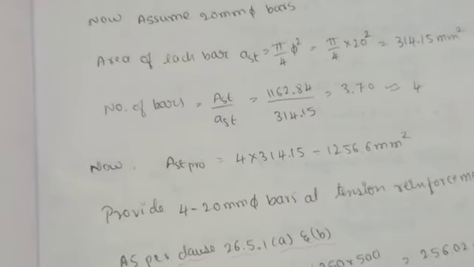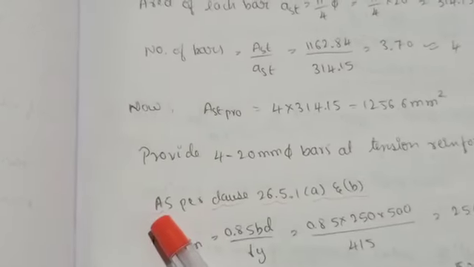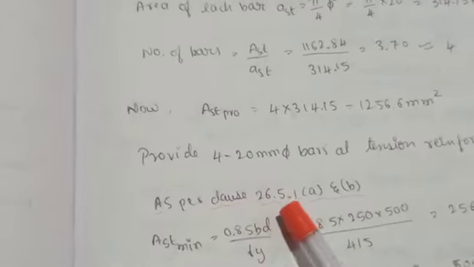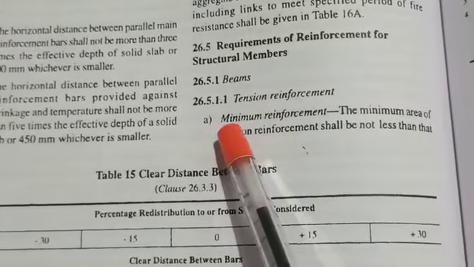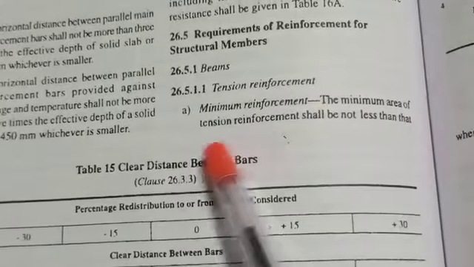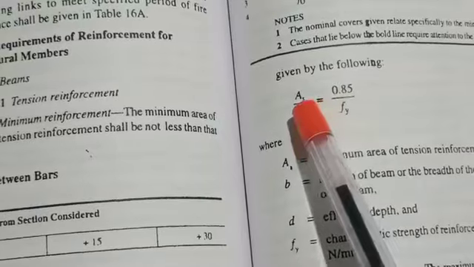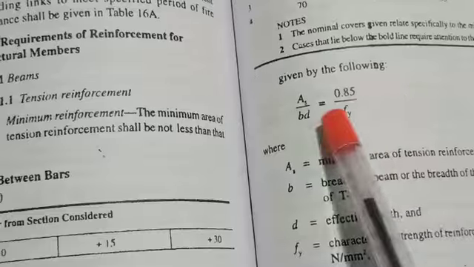So after this, as per clause 26.5.1.1 (a) and (b), page number 46 and 47, what they have said, there is a minimum reinforcement. The minimum area of tension reinforcement shall not be less than that given by the following, that is Ast minimum divided by bd is equal to 0.85 by fy.